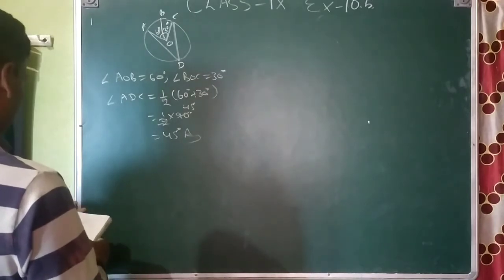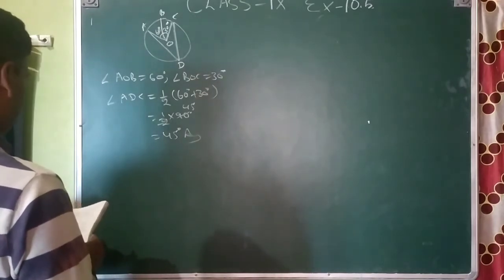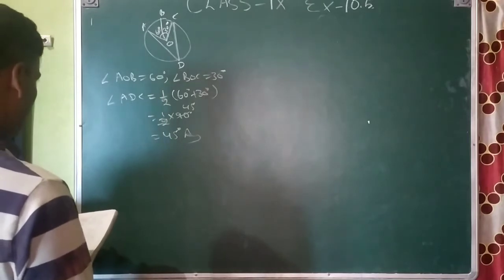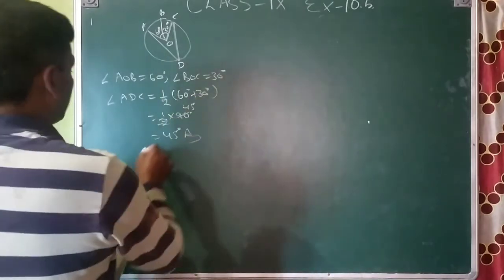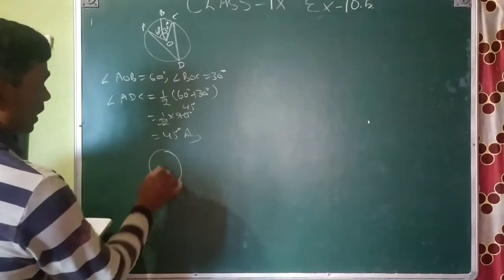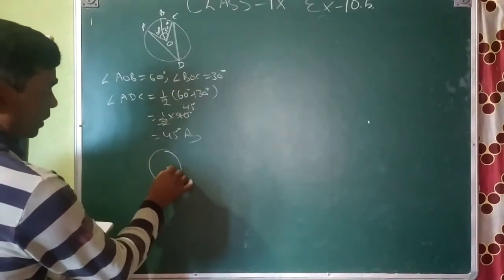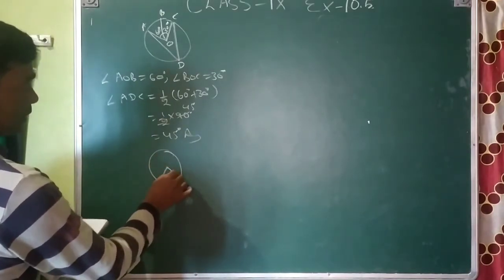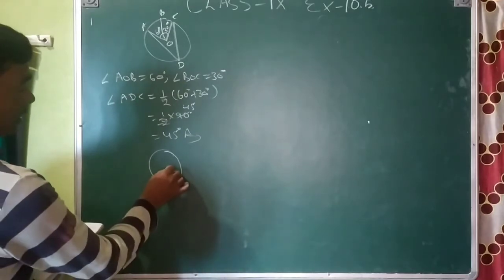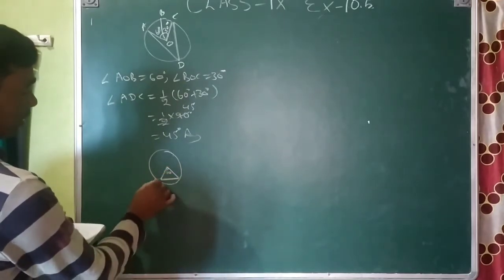And the second question: a chord of a circle is equal to the radius. So first of all we will draw the circle, and the chord is equal to the radius, it means all are equal, so the angle must be 60.